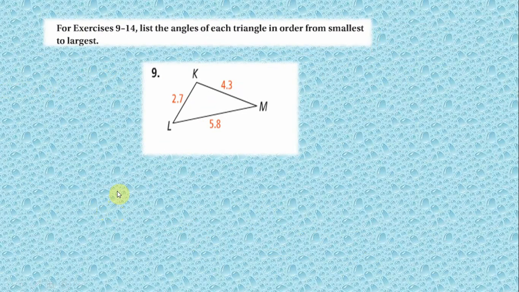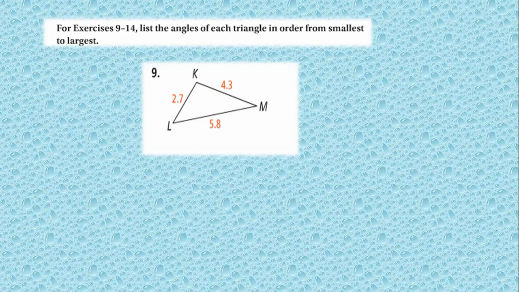Now, put in order from smallest to largest angle. Of course, the smallest angle is opposite the smallest side. What is the smallest side? Yes, 2.7. What's the opposite angle of the smallest side? Yes, angle M, the smallest one.